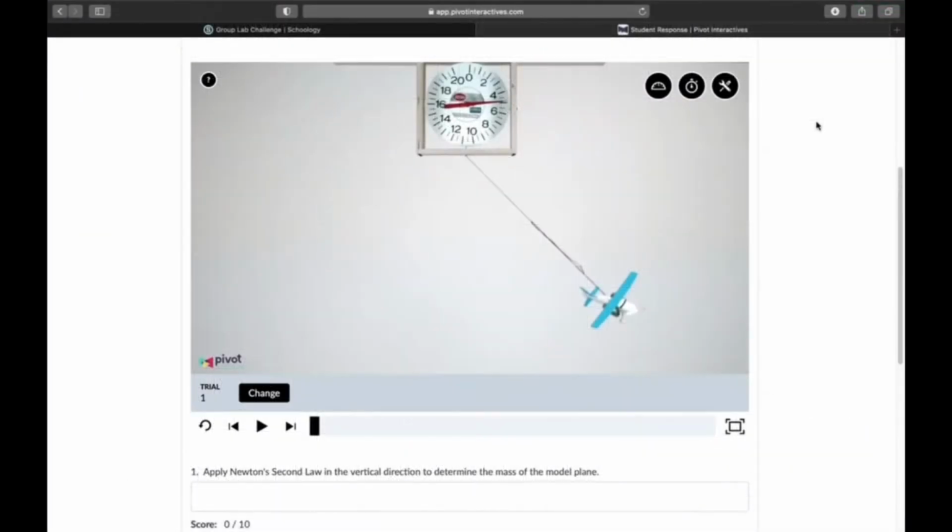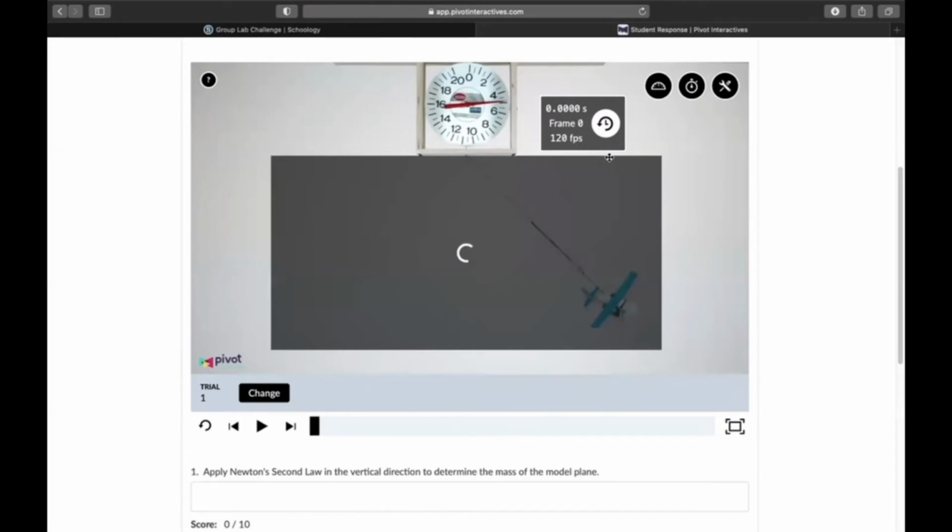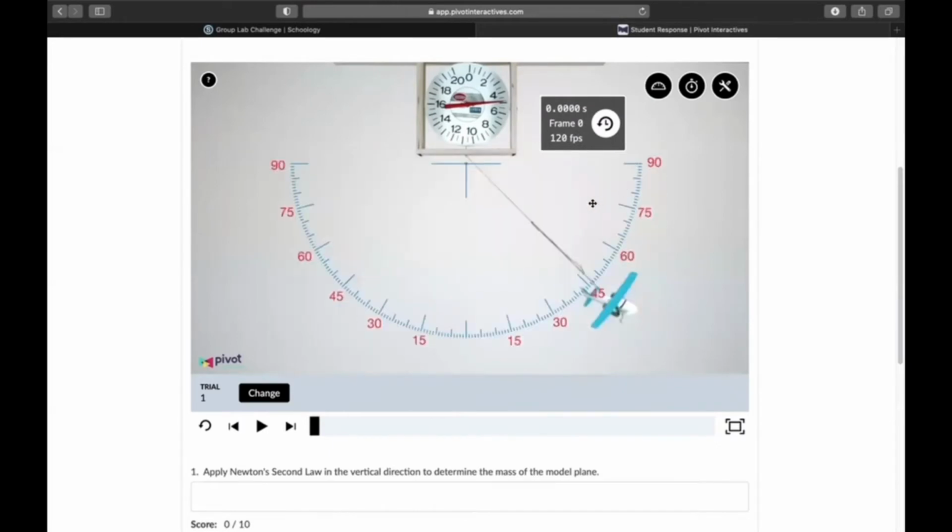So for our measurements, the first thing that I measured was the force with the force reader right here. And ours was around 5, so I put like 4.9 since it was almost 5. And then I used the clock tool and the angle measuring tool here to measure the angle of the airplane at certain intervals of time.